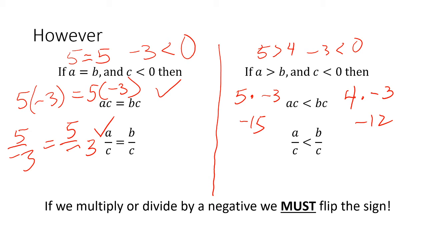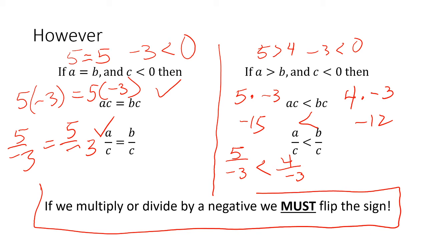Negative 12 or negative 15? Well, negative 12. Notice from the last screen we had to flip the sign. Same thing here. 5 divided by negative 3, 4 divided by negative 3. 4 over negative 3 will be bigger because it will be less negative than the other one. So if we multiply or divide by a negative, we have to flip our inequality sign.